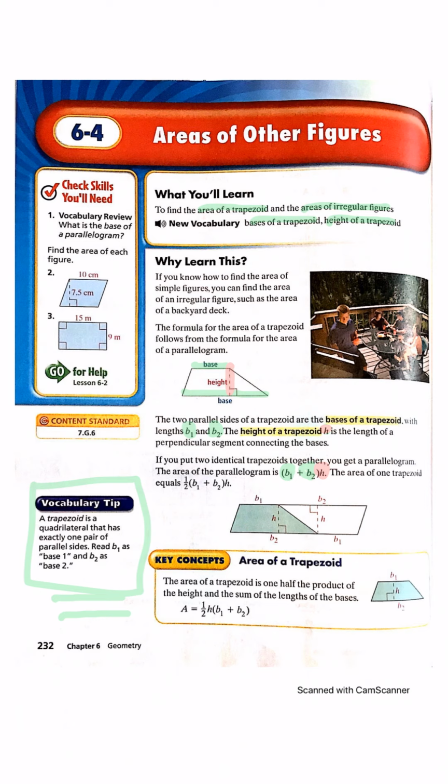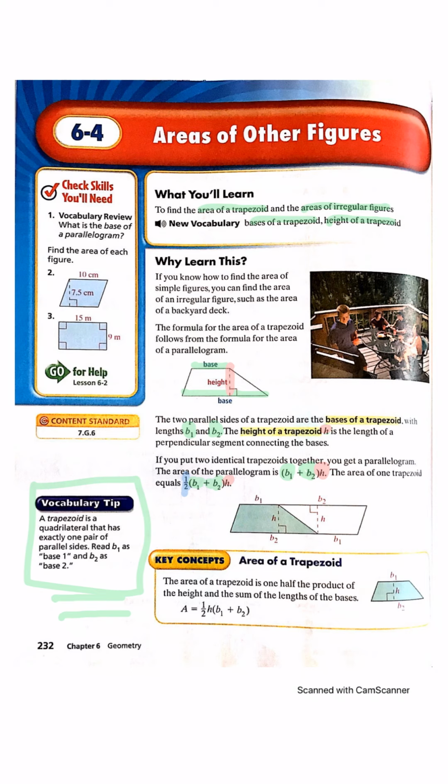So you're going to multiply by half or divide by 2. So half times base 1 plus base 2 times the height. Did I say that right? So you're going to take base 1 plus base 2, multiply it by the height, and then divide by 2.